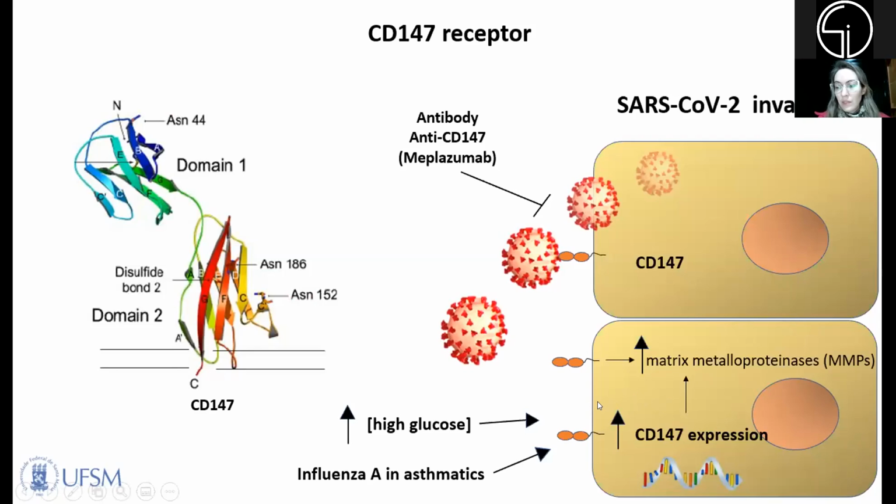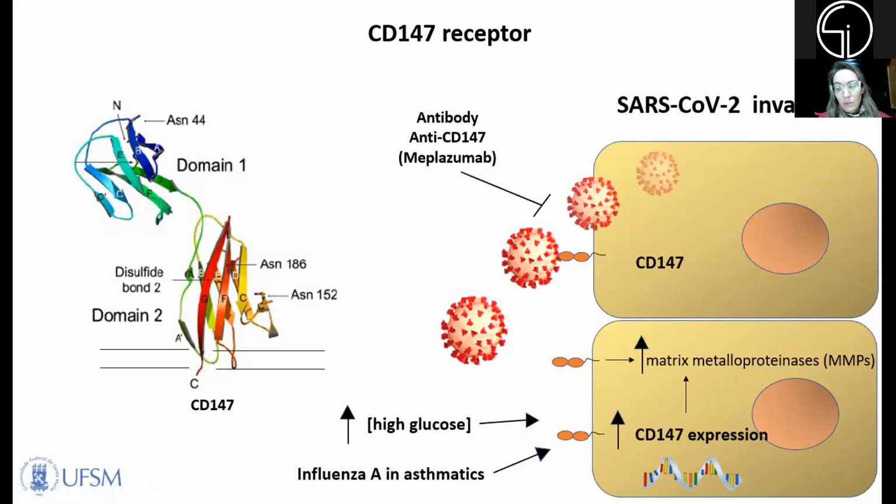Studies have shown that patients with severe asthma have high levels of MMP9 in sputum, and influenza A virus in asthmatics increases CD147 expression. In addition, other studies showed that high glucose concentration increases CD147 expression in monocytes too.